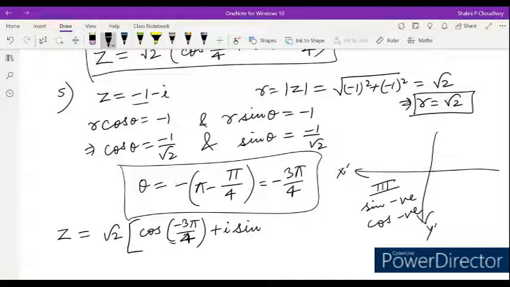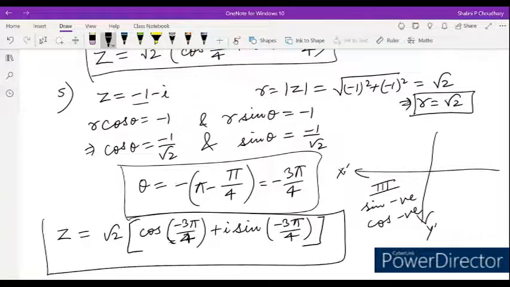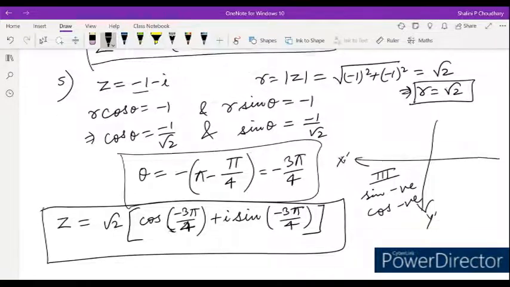So theta will be equal to -3 pi upon 4. Okay, so this will be the answer in polar form.